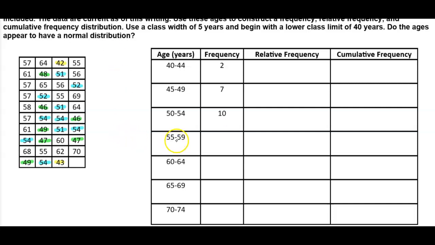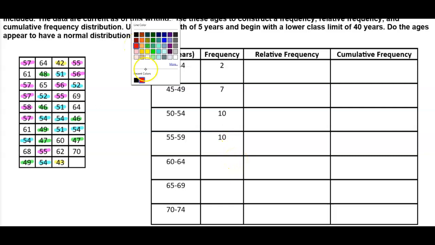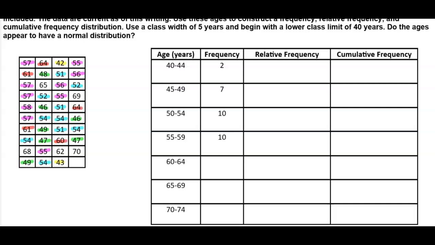Okay, next, we need to find all the numbers that are in between 55 and 59. So we have 1, 2, 3, 4, 5, 6, 7, 8, 9, 10. So it looks like we got 10 again. Okay, next, let's take a look at 60 to 64. We have 1, 2, 3, 4, 5, and 6.